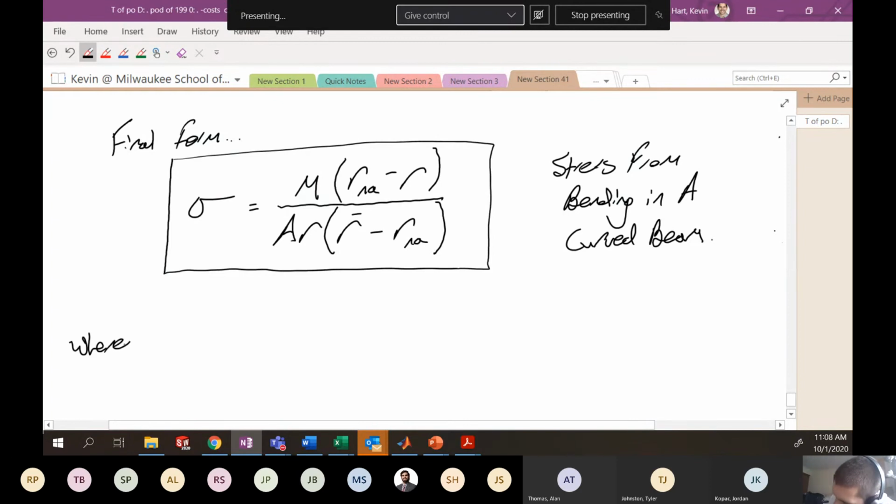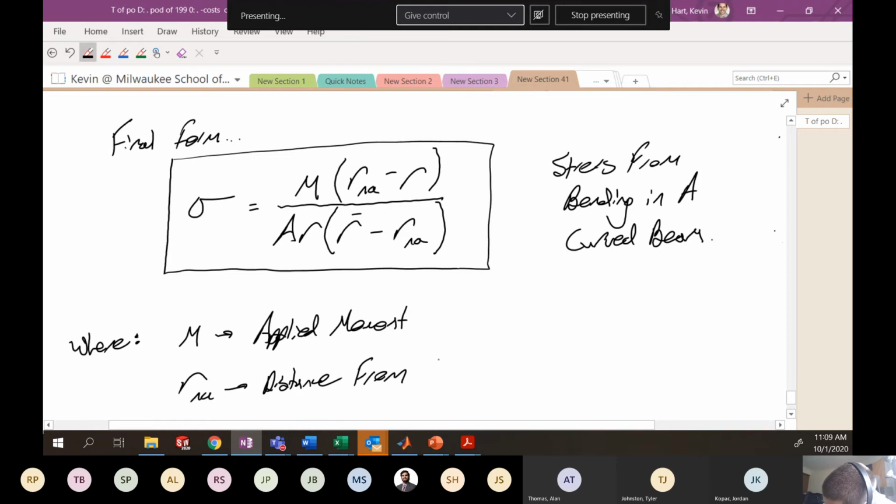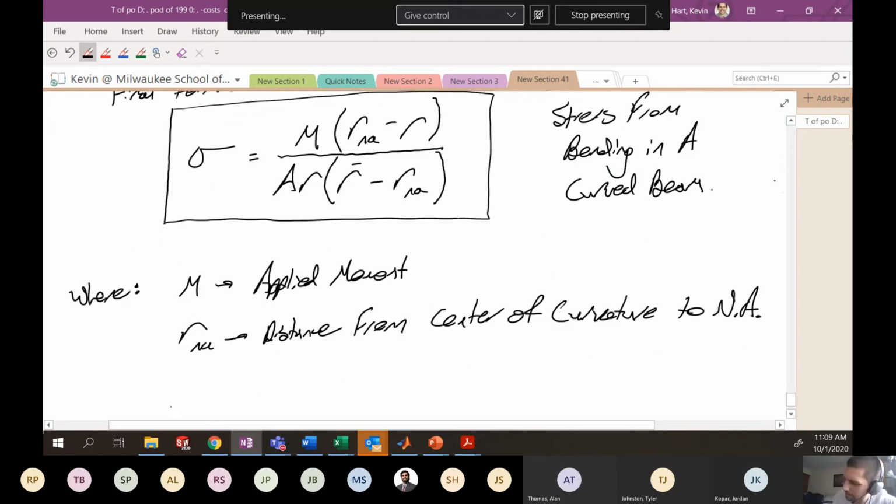Let's define these terms just so we're crystal clear. M is the applied moment, obviously. R_n is the distance from the center of curvature to the neutral axis. R is the distance from the center of curvature to the point of interest.